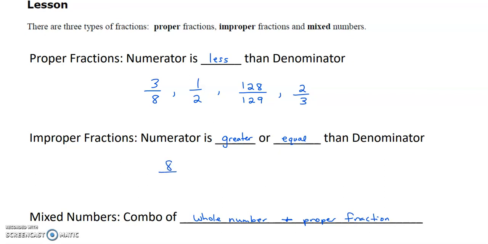So for example, 8 over 3, 2 over 1, and then we could look at 15 over 4, 17/17, so they can be equal to each other as well. And then mixed numbers where we have a whole number, for example 2, and a little bit more, a proper fraction: 2 3/4, or 5 11/16, for example. Those would be our mixed numbers.